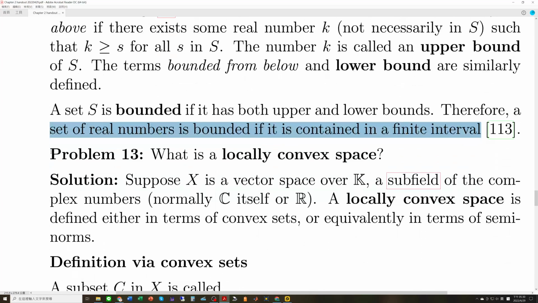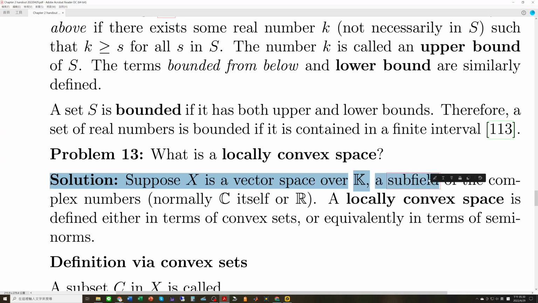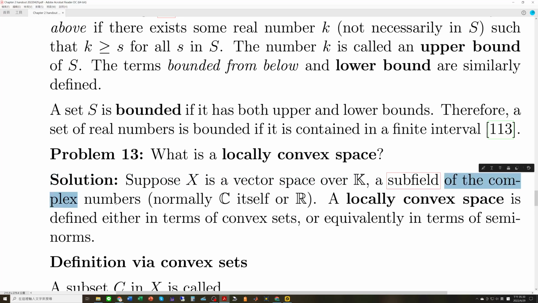So next, problem 13. What is a locally convex space? Solution. Suppose X is a vector space over K, where K is a subfield of the complex numbers, normally C itself or R. We will explain what a subfield is later.